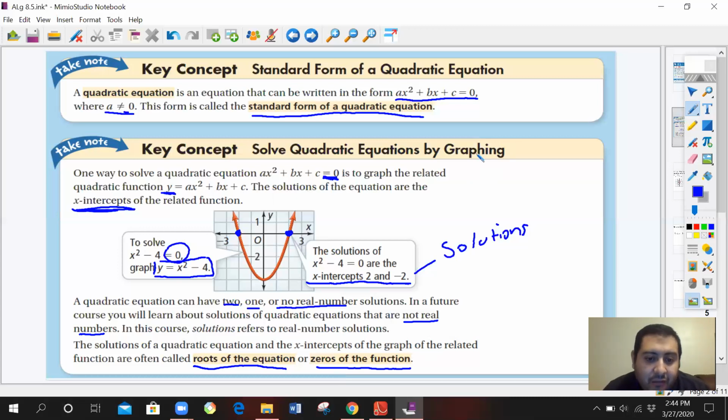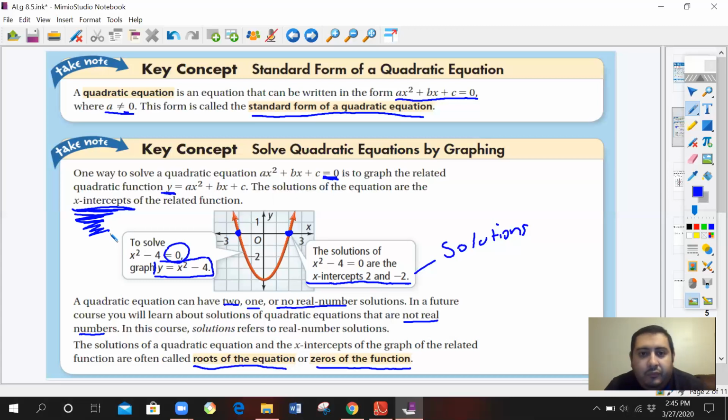If the question tells you to find the roots, you're finding the x-intercepts. If it says find the zeros, you're looking for the x-intercepts. So basically, all these clue words are related to x-intercepts, which are your solutions.